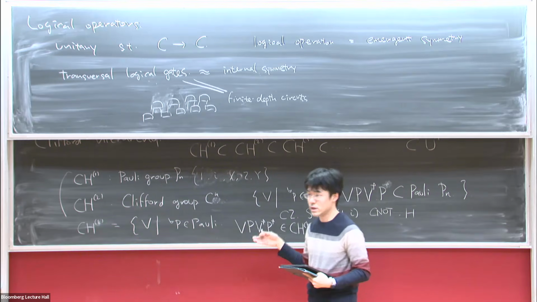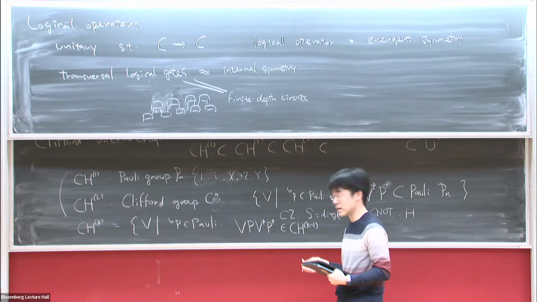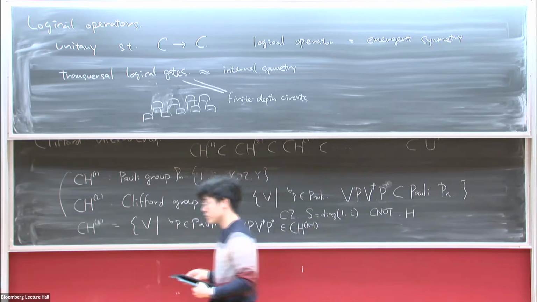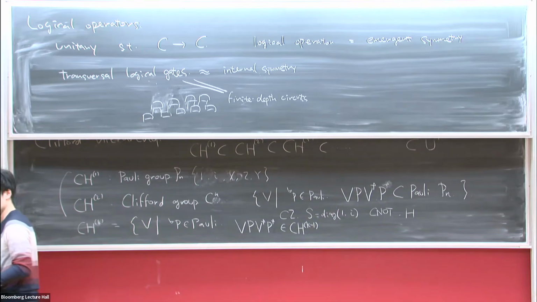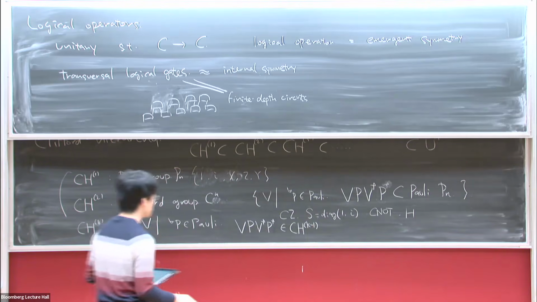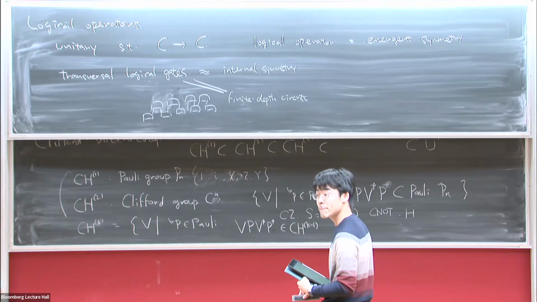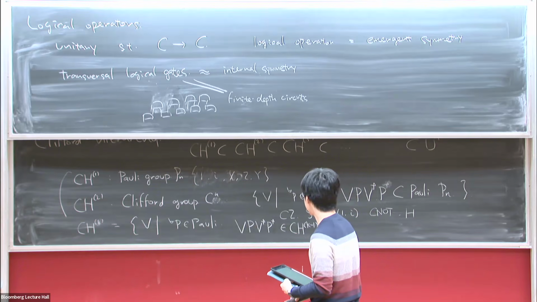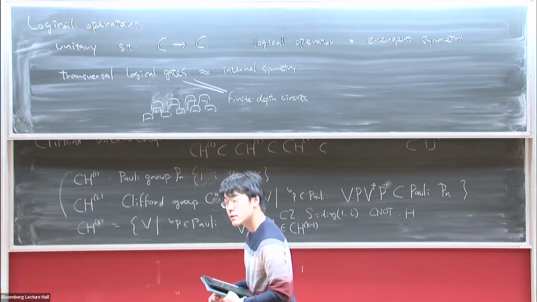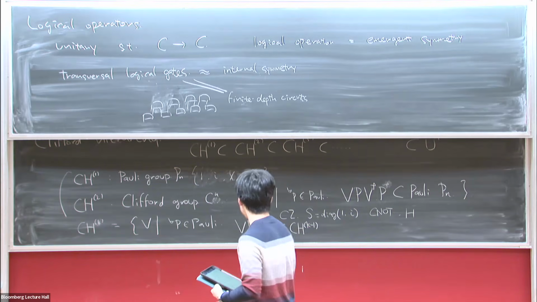I guess it's not closed. The Clifford group is not closed under the action of the Clifford hierarchy, I think. The idea is that this conjugation takes you out of Clifford, out of Pauli.